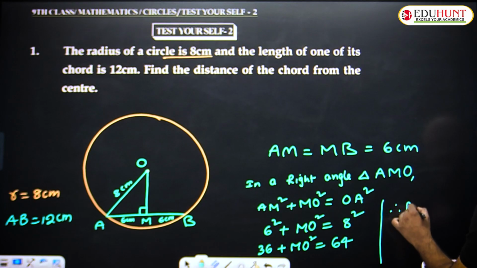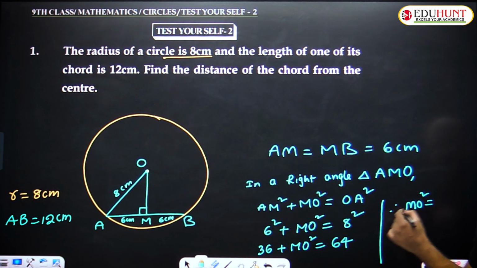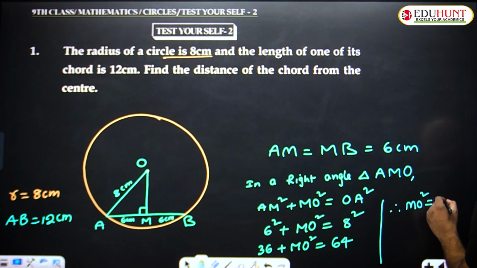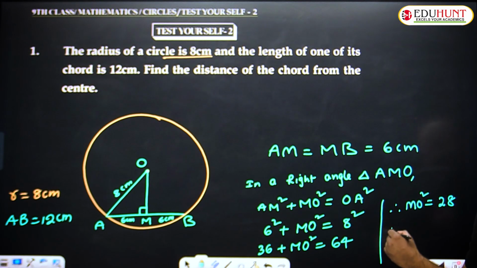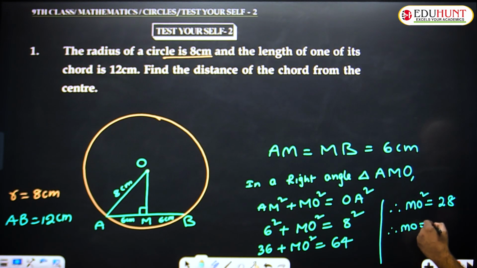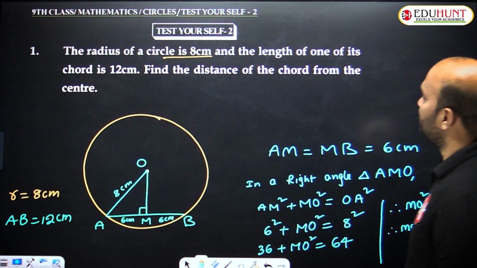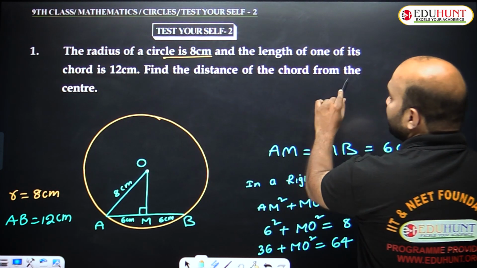Therefore MO whole square equals 64 minus 36, which is 28. Therefore MO equals root over 28. It can be written as 2 root 7. So 2 root 7 centimeters is the required answer. What is the distance of the chord from the center?